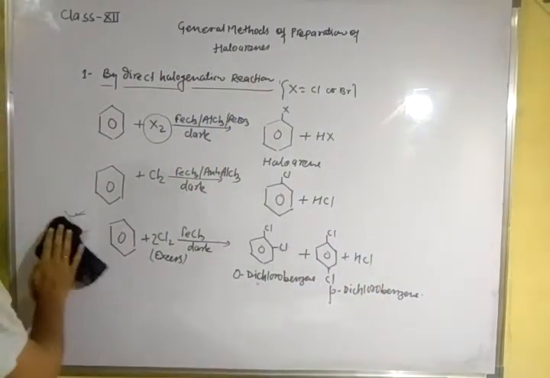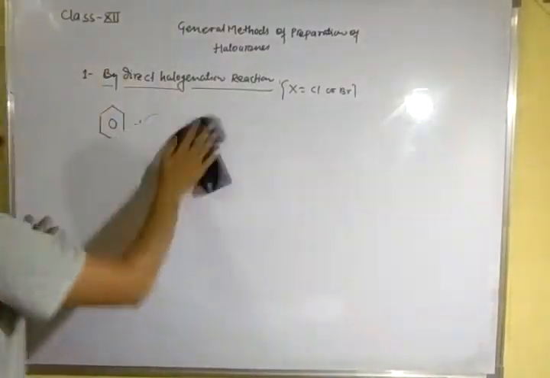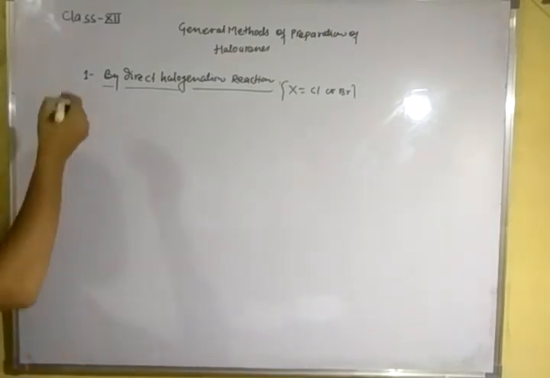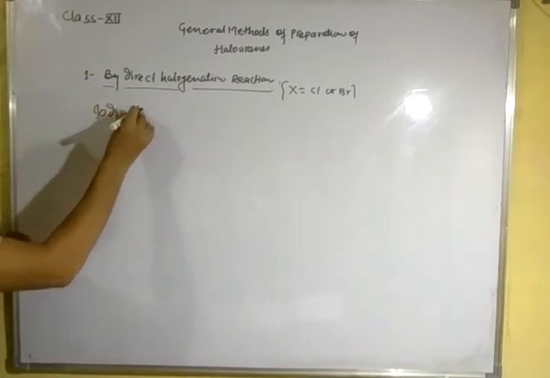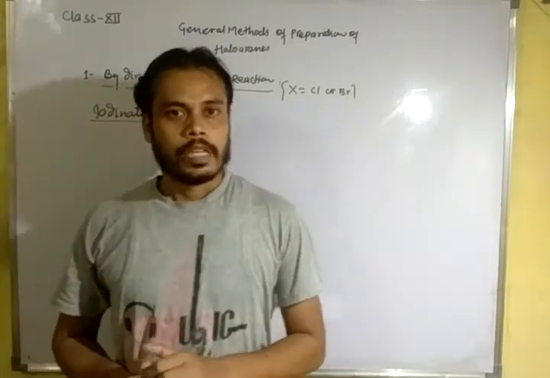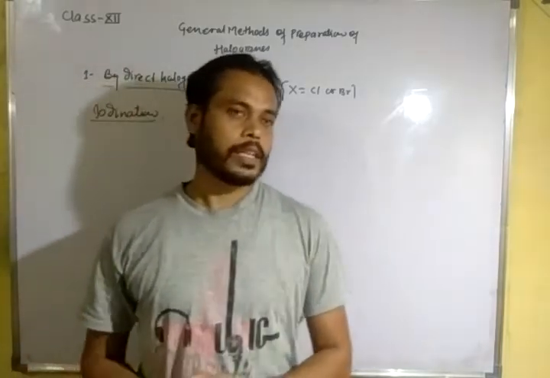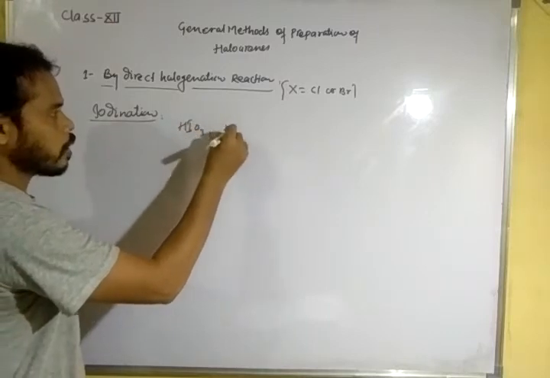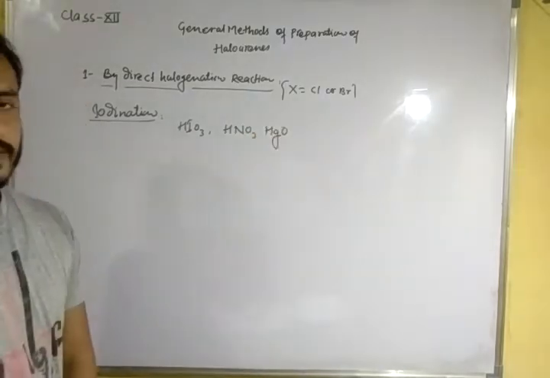Now, the next one is iodination. The iodination reaction takes place in the presence of a strong oxidizing agent like HIO3 or HNO3 or HgO, mercuric oxide.